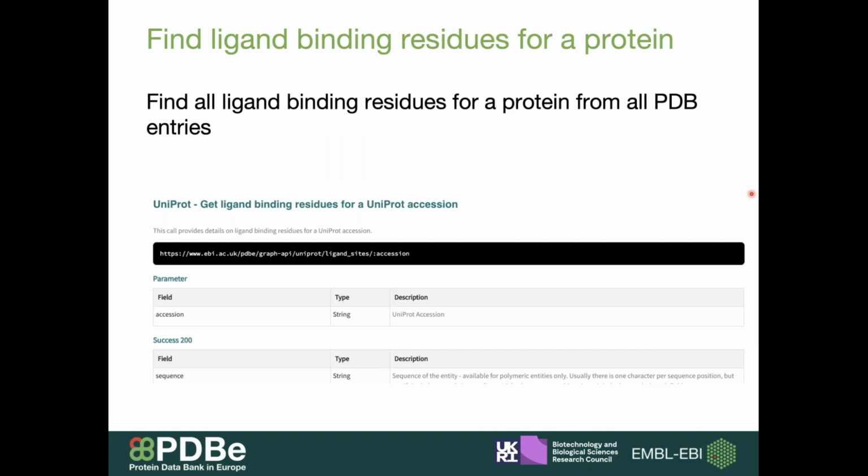If you want to find all ligand binding residues for a protein from all PDBe entries, you can make use of this API call. In this API call, the only parameter that you'll be using is the UniProt accession, which will give you the ligand binding residues for that particular protein.